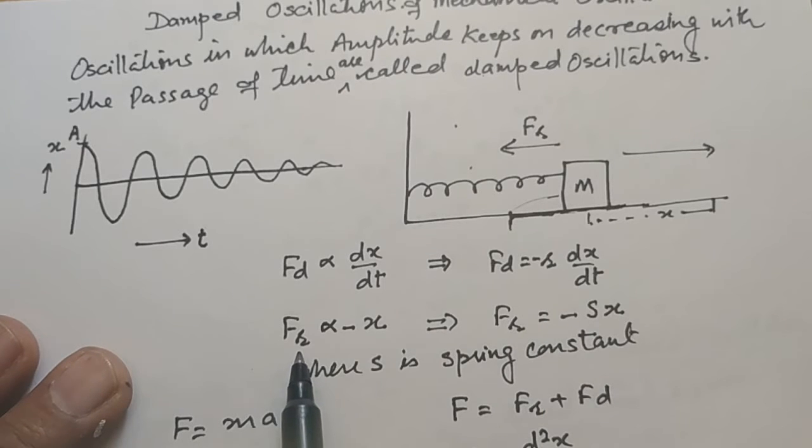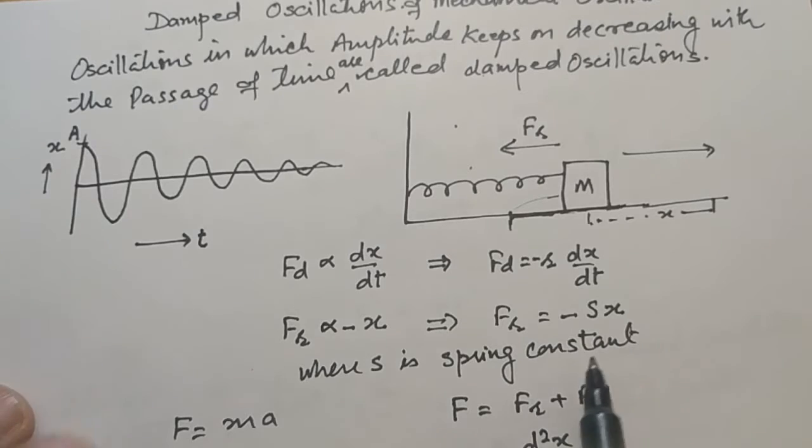Fr is the restoring force, which is directly proportional to the displacement according to Hooke's law, and we can write Fr is equal to minus Sx, where S is called the spring constant. For soft springs the value of S is small, and for hard springs the value of S is large.